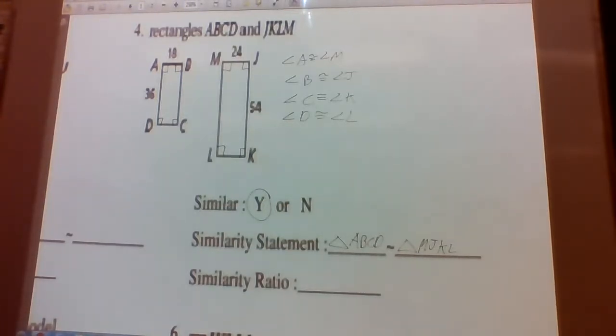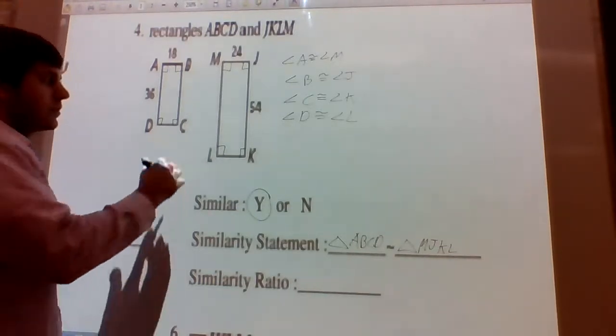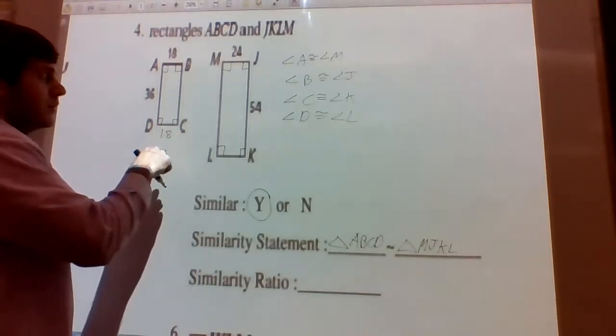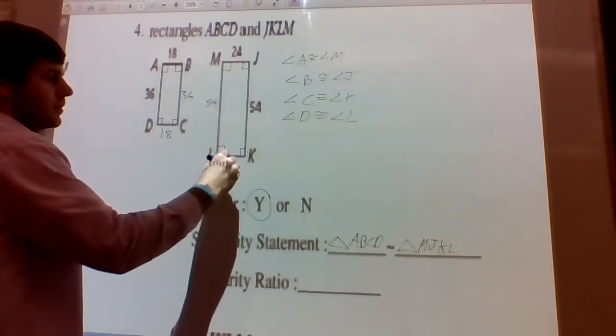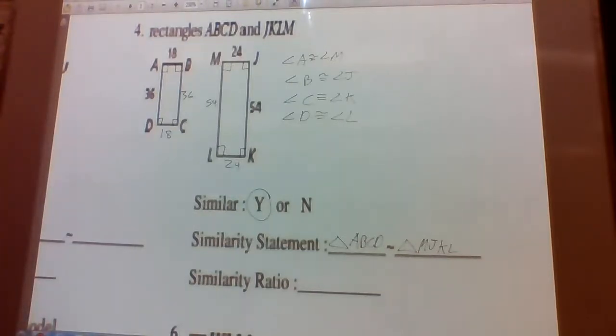We could also prove it's true by side, side, side. What do we know about opposite sides of rectangles? We know opposite sides of rectangles are equal. So we can fill in the missing pieces here. Okay, we can set up some ratios.